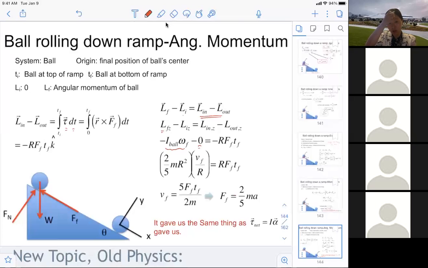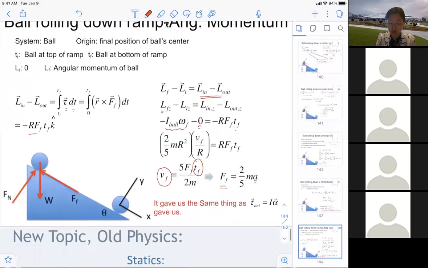Torque is r cross F, and we already talked about how to calculate torque; you plug in the time. Again, you could write velocity over time as your acceleration, and you get a relationship between your frictional force and your acceleration. Again, this is nothing new. This gives you the same result as Newton's laws for rotation.